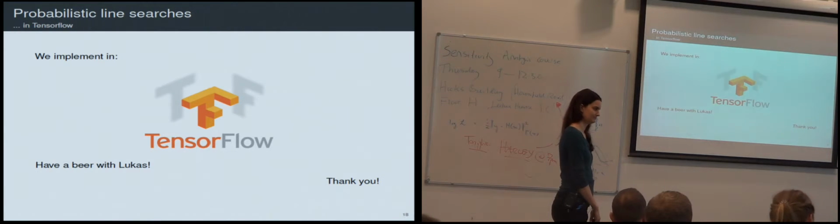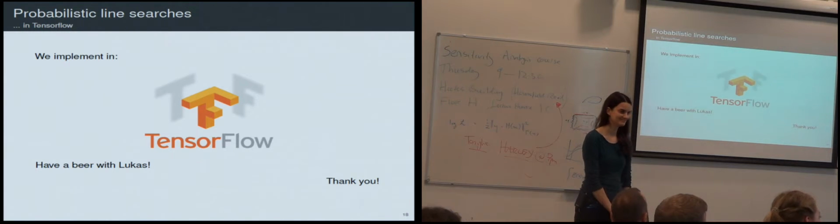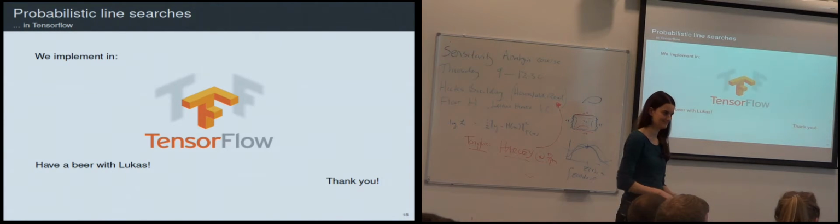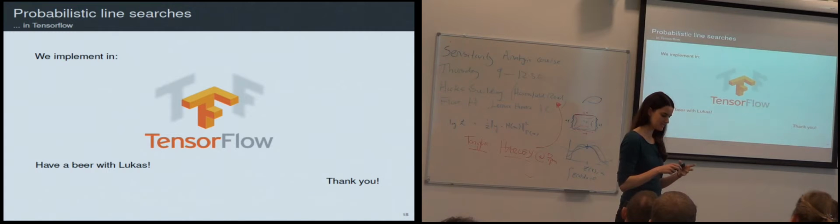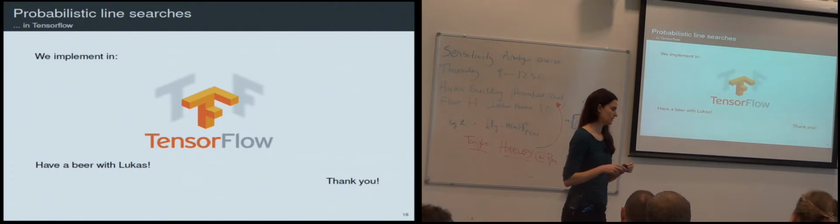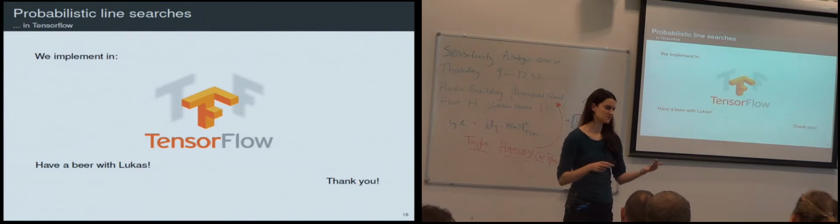Questions? How does this compare to other standard optimizers in TensorFlow, such as perhaps Adam or Adagrad? Is it competitive to those? It's a good question, by the way. The idea is that you can use these on top.